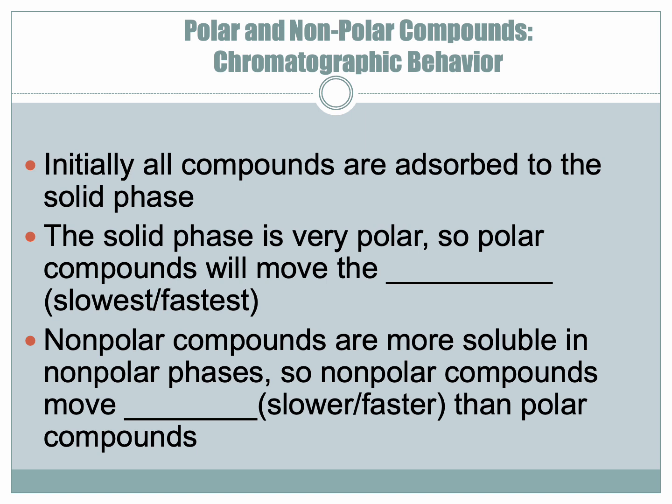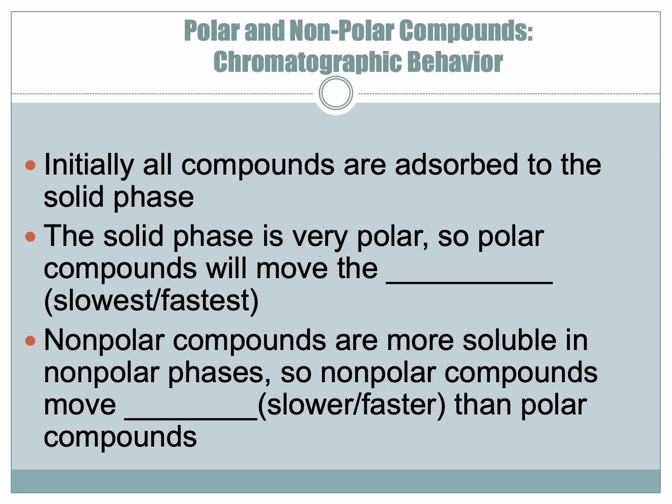The solid phase is very polar, so polar compounds will move the, what do you think, slowest or fastest? Remember, like dissolves like, or things that have similar polarity like to interact. So if the solid phase is very polar, polar compounds are going to stick to it. If polar compounds stick to it, then they're not going to move very fast because they're stuck. They're stuck on the solid. They can't get into the liquid.